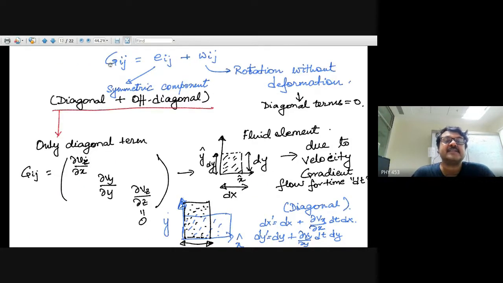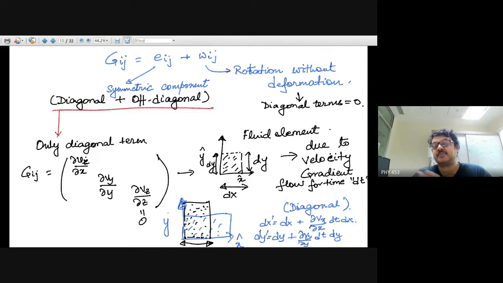Now, this velocity gradient we'll write in terms of the symmetric component E and the antisymmetric component, denoted by omega ij. And they, of course, have different parameters. We will show later in the class that omega corresponds to rotation of the fluid element without deformation.